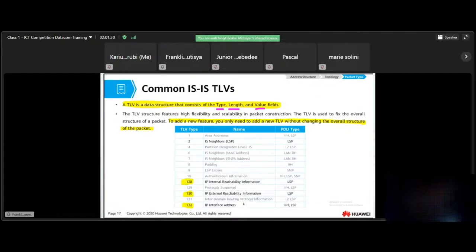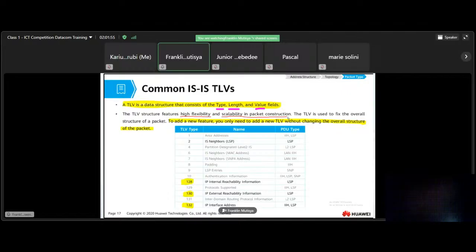Now, the beauty about ISIS compared to OSPF is that it comes with more flexibility and scalability in terms of packet construction. So we have to compare the OSPF packet to that of an ISIS packet.